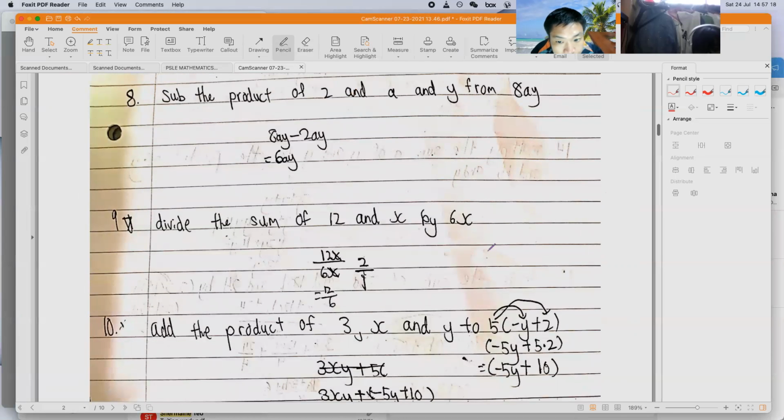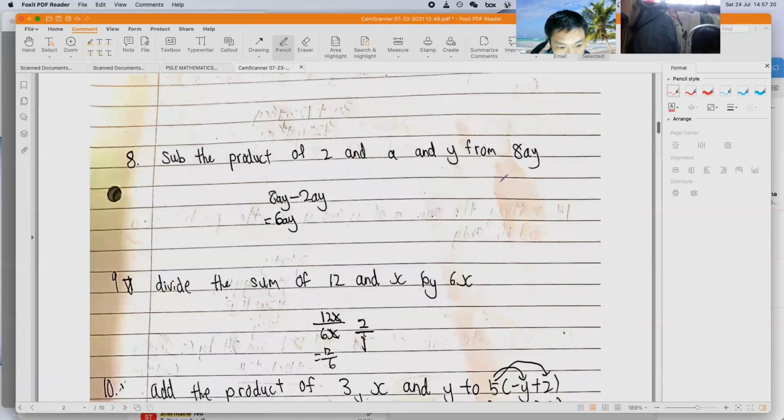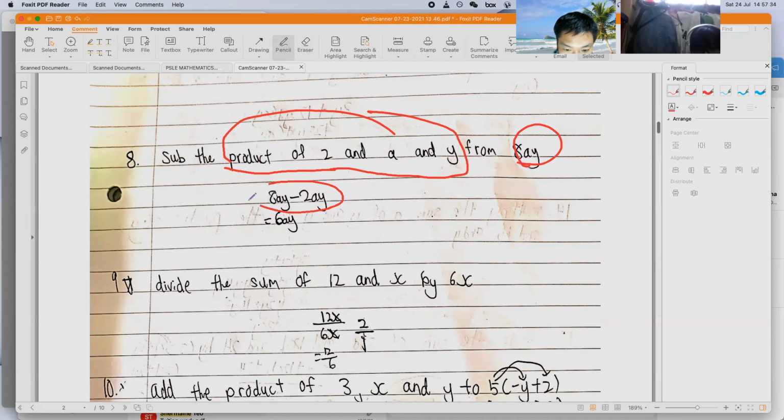Okay, subtract the product of 2 and a. It's from here to here, so it's 8a minus 2a, 6a, correct.